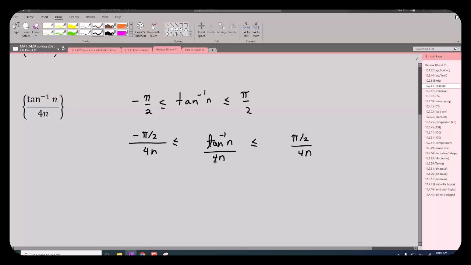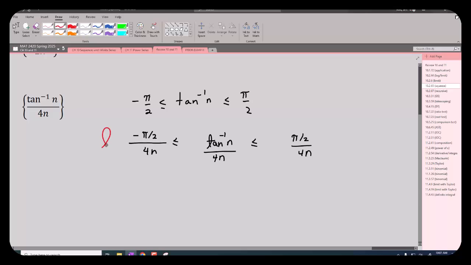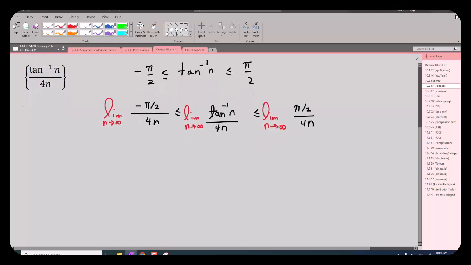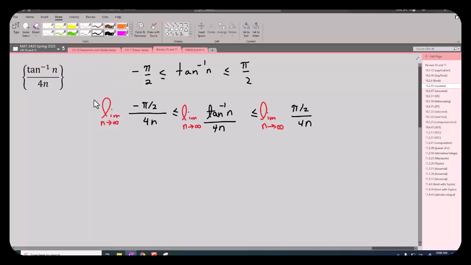Now we take the limit of everything. So we do the limit across here as n goes to infinity, here, and here. And of course, what we see is that the limits on the left and the right are both 0.